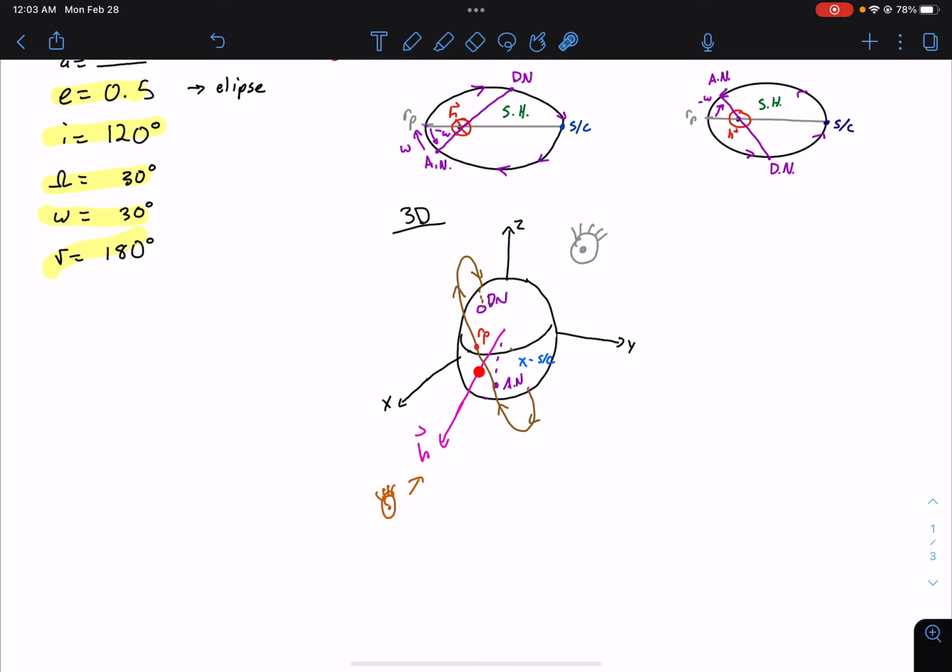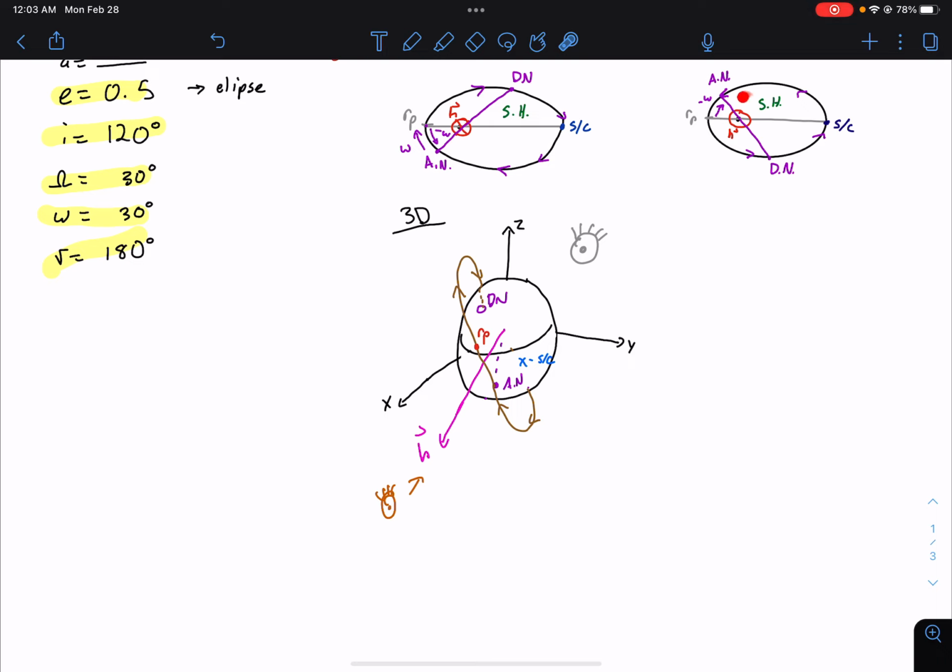So looking at it like this, we have the orbit going in this direction. However, if you look at it, here's our periapsis and here's our body, right? So showing that it goes from ascending node to descending node through our periapsis.